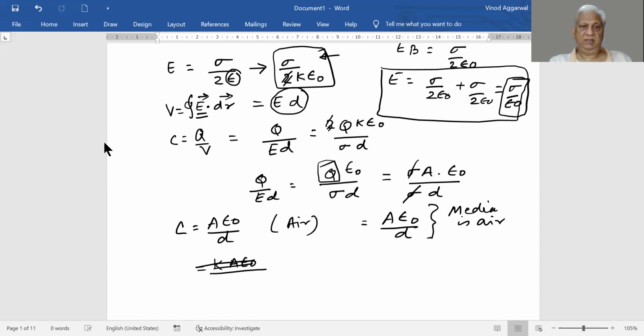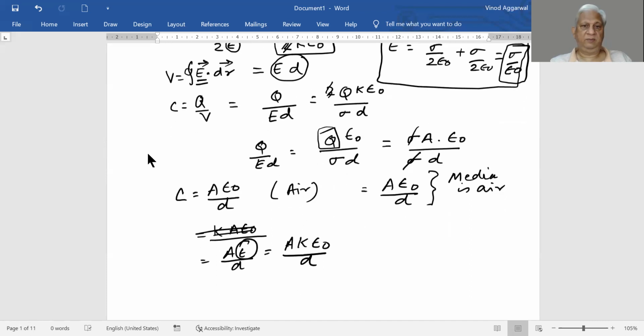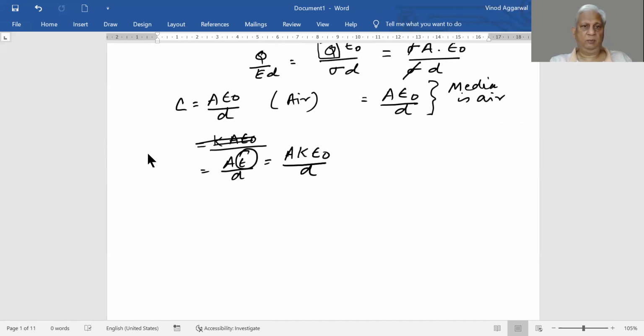If there is media other than air, then C is equal to A sigma by D. And if I replace sigma by K epsilon naught, this is K A epsilon naught by D. So the generic formula is C is equal to K A epsilon naught over D. Now, if it happens to be air, then K is 1. That's simple.